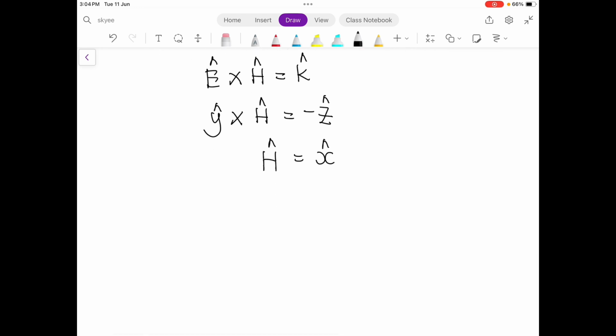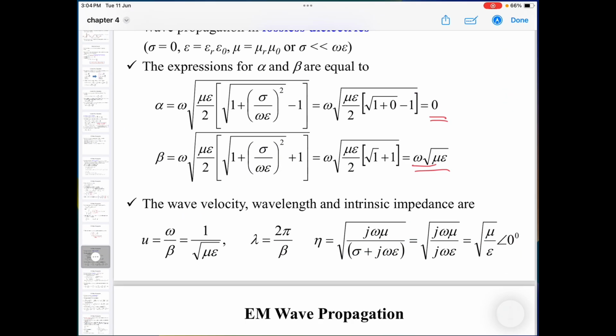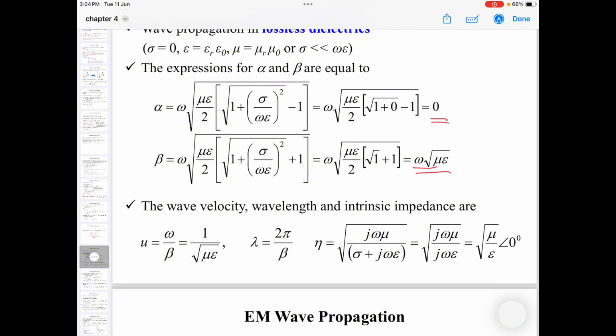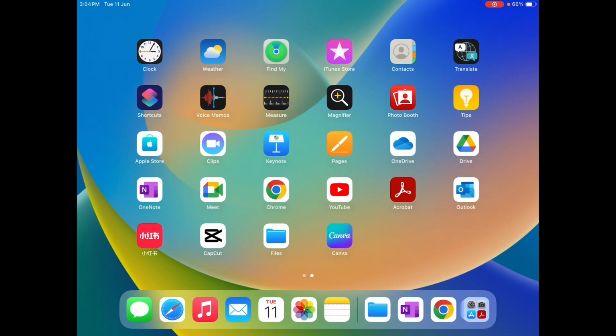Now we come to the term H naught. Here we need to use the intrinsic impedance, because E naught divided by H naught equals the intrinsic impedance. We refer to the intrinsic impedance equation for a lossless medium. Because the conductivity is 0, it is the square root of mu over epsilon.